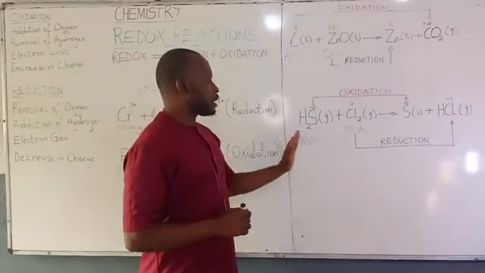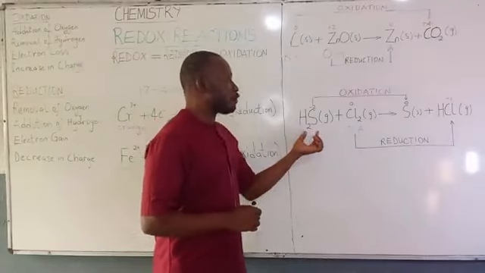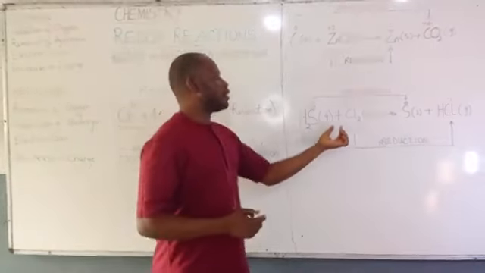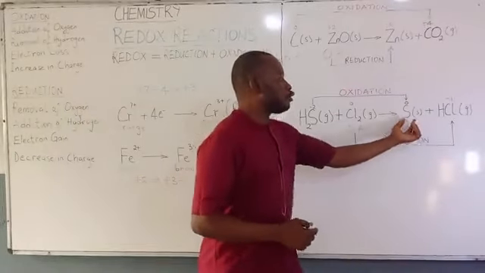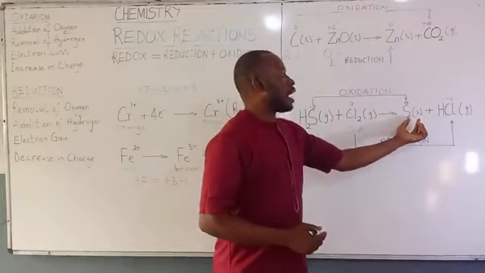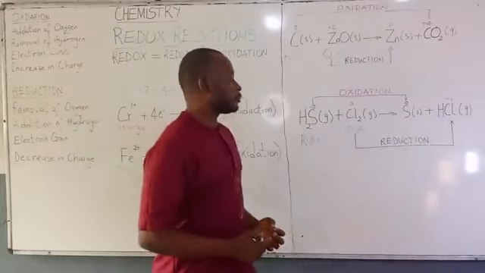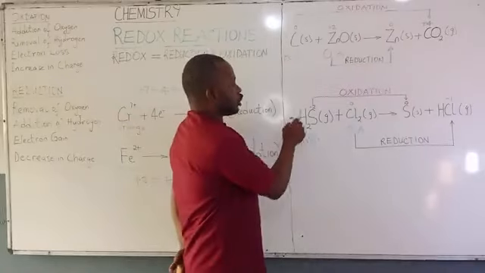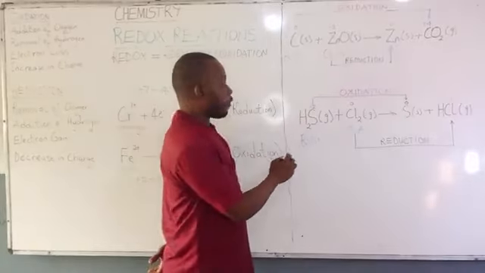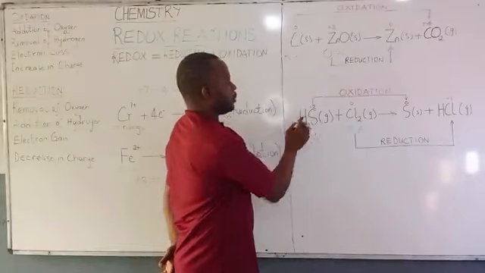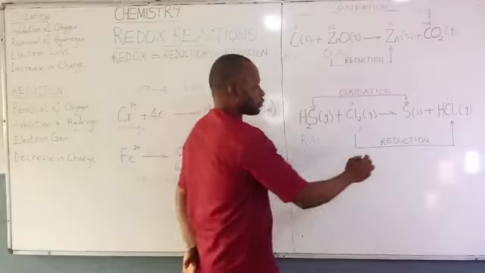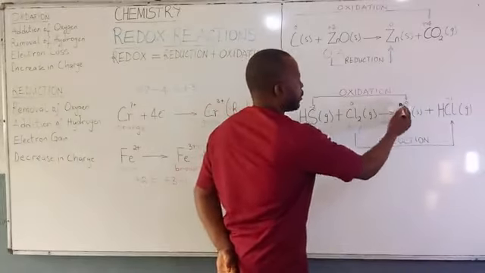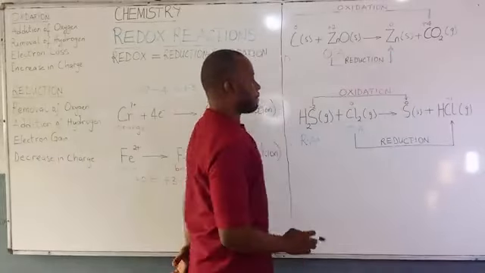Then again, in the second equation on the board, hydrogen sulfide is reacting with chlorine molecule to give us neutral sulfur atom and HCl. Did you notice that the charge of sulfur in this hydrogen sulfide is -2, and the charge of sulfur here on the product side is 0 because it's a neutral atom here?